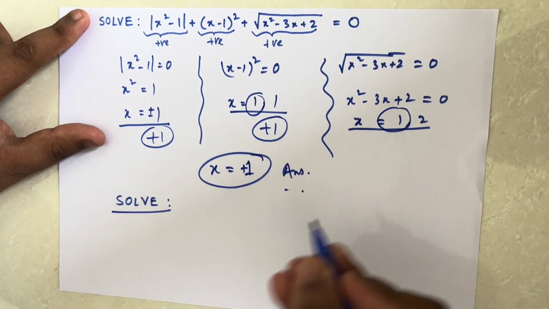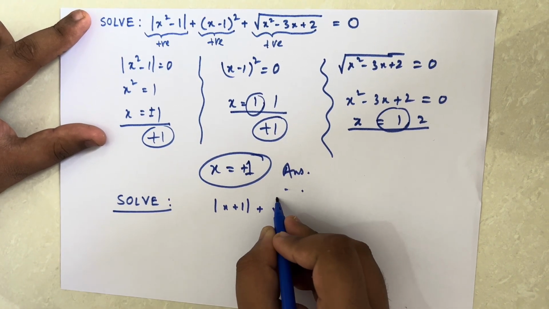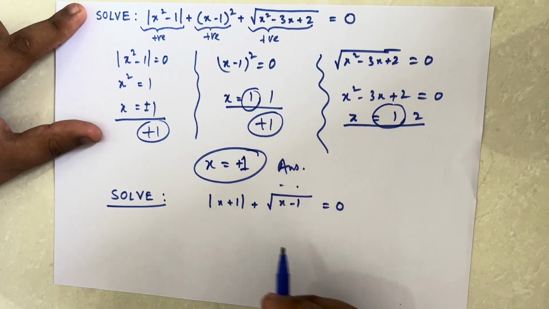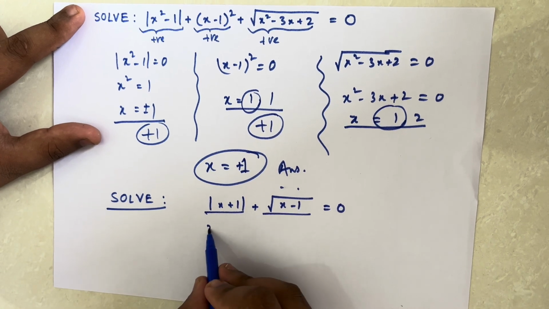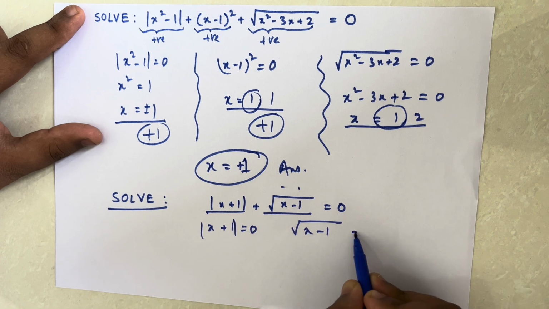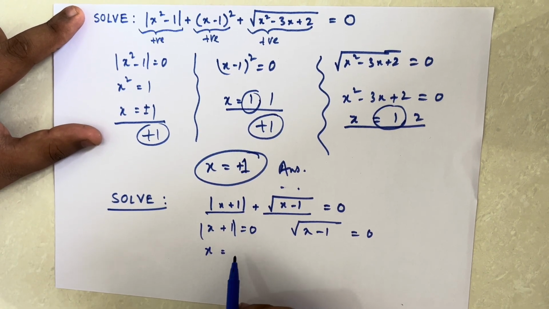Let us see some similar question. Mod x plus 1 plus square root of x minus 1 equals 0. Similar type of question. Positive, positive, adding up to 0. When is this possible? X plus 1 mod equals 0. Square root x minus 1 equals 0. Over here if you see, x is equal to what? X is equal to minus 1.